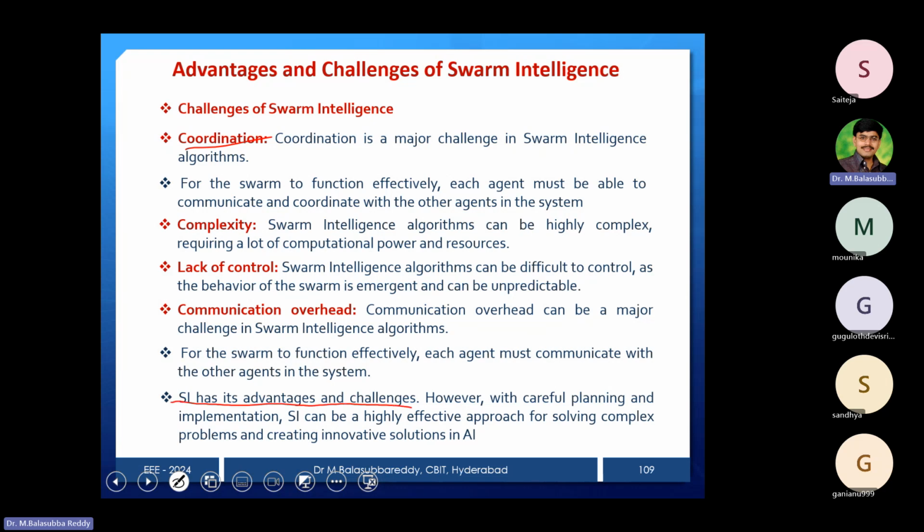But with careful planning and implementation, swarm intelligence is a highly effective approach for solving problems, especially complex problems like nonlinear problems, in the case of power system problems. So these are the major advantages and challenges.